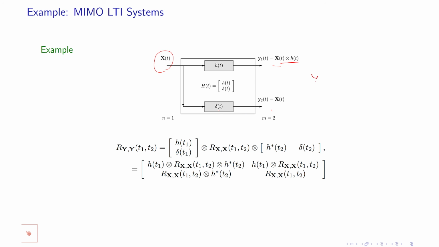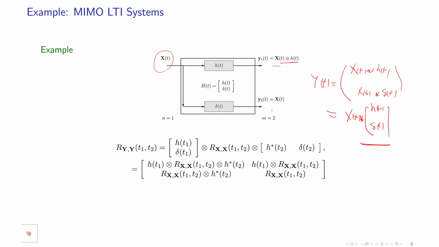So my y of t has two entries, x of t convolved with h of t and x of t convolved with delta t. So I could say that this is x of t convolved with a matrix of h of t and delta t. So this is my unit impulse response matrix, which is a column vector.